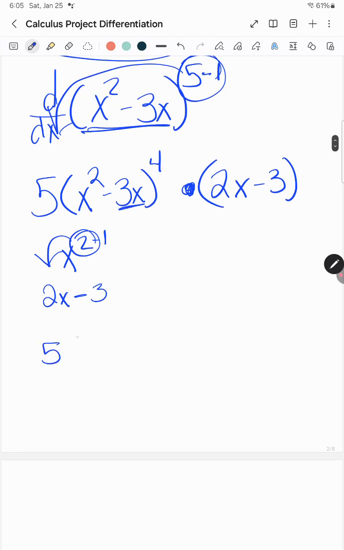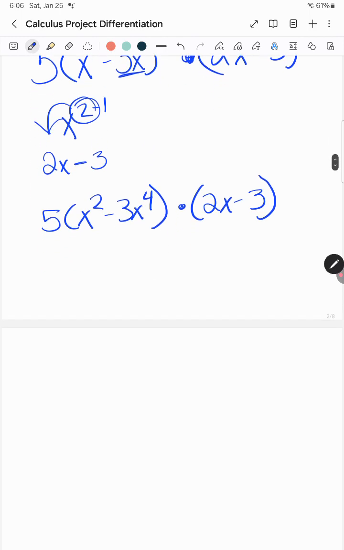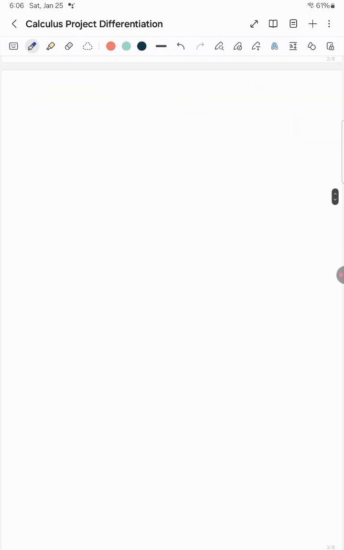We write that out so it's nice and clear. We get 5 times x to the second minus 3x to the fourth times 2x minus 3. And that's going to be our answer for our second example.